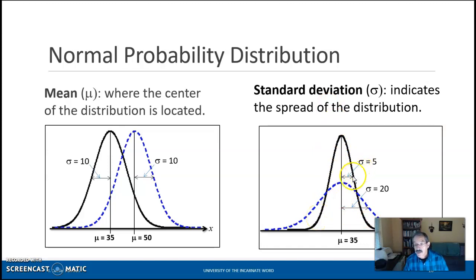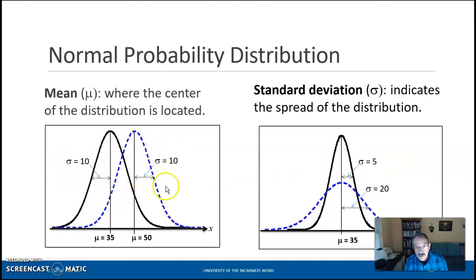If the distribution is very narrow because the variability is very small, it is like squeezing it up, and the total area under the curve is still 1. Then if you increase the variability, you're stretching that distribution, and the top of it starts to go down because we have to maintain the area under the curve equal to 1.